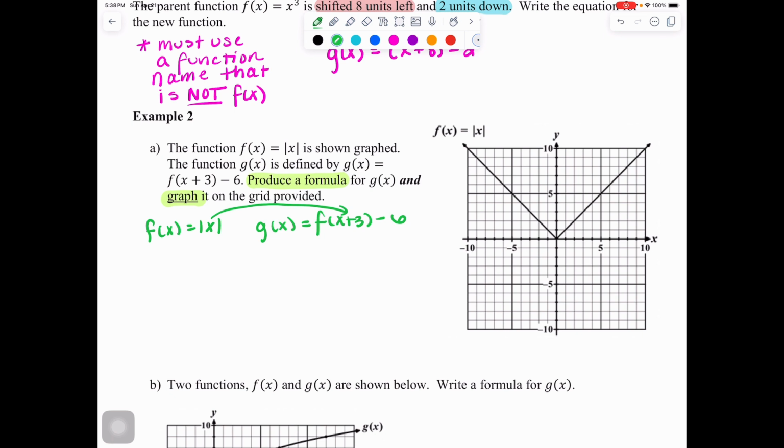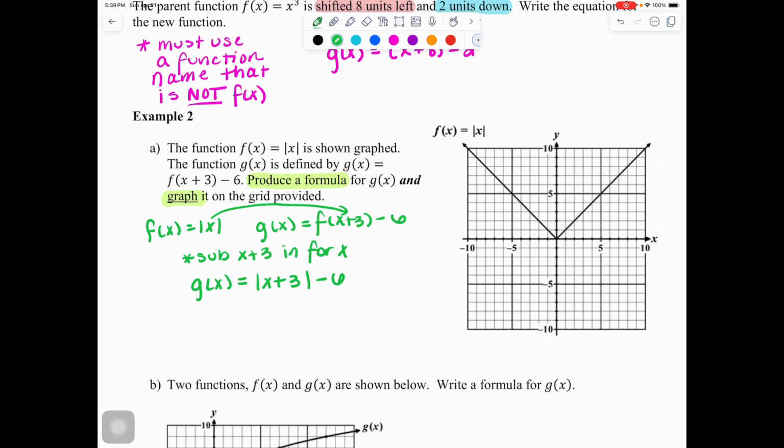G of x equals f of x plus 3 means that we have to sub x plus 3 in for x. So my g of x is really g of x equals, instead of writing f of x plus 3, we know f of x is the absolute value of x, so we're going to write absolute value of x plus 3. And that then has minus 6 on the outside.